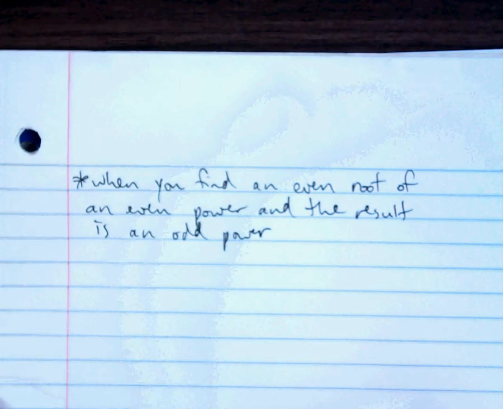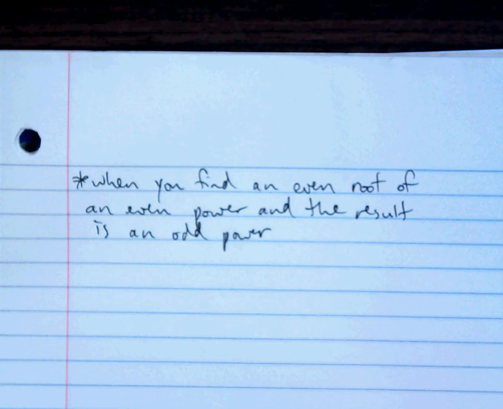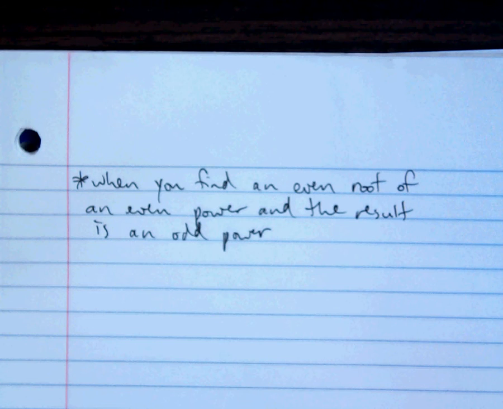If you go back and look, I had an even root, an even power, and I ended with an even power. When I did that for number 2, same thing. On number 3, I had an odd power. 4 was fine. So different result here.